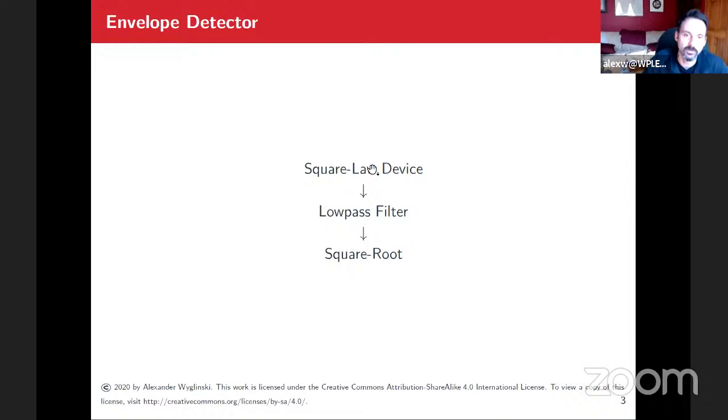Another way of doing that is the square law device, which does effectively the same thing. The reason I can get away with the first approach is I knew exactly what FC was. If I did not know what FC is, let's go back.